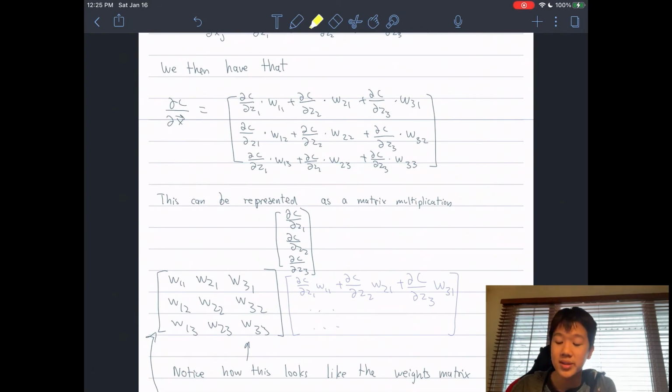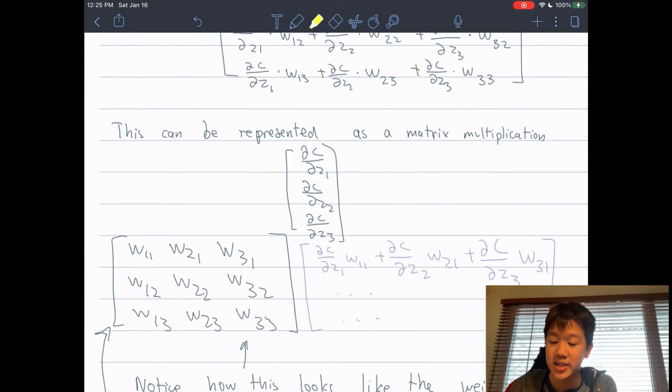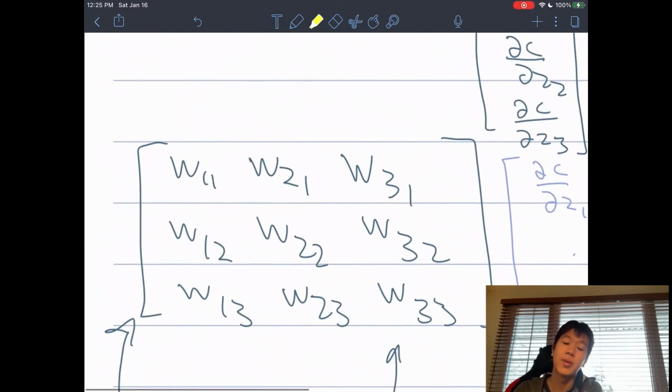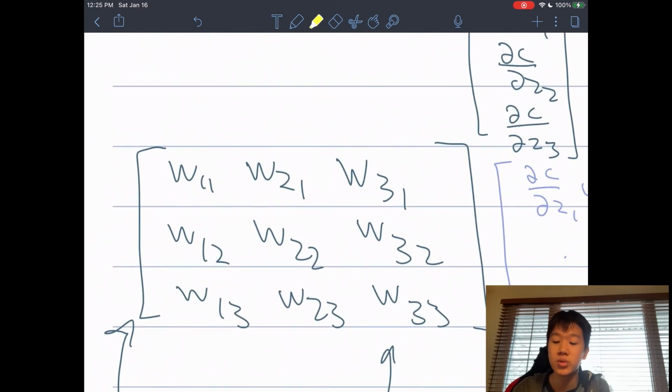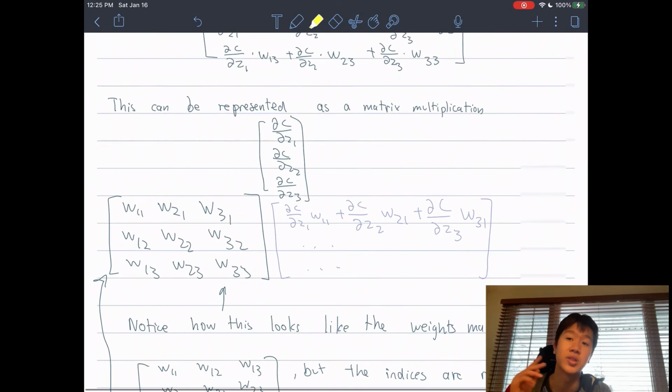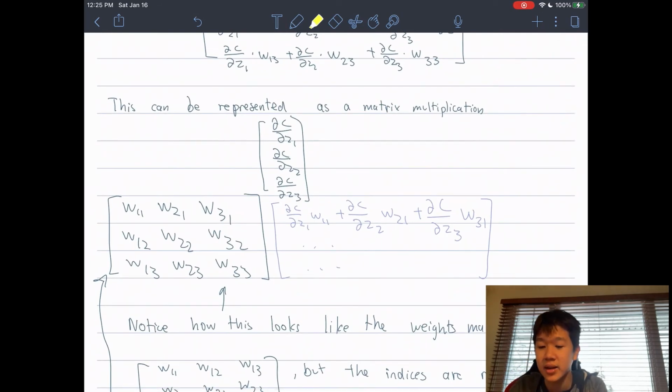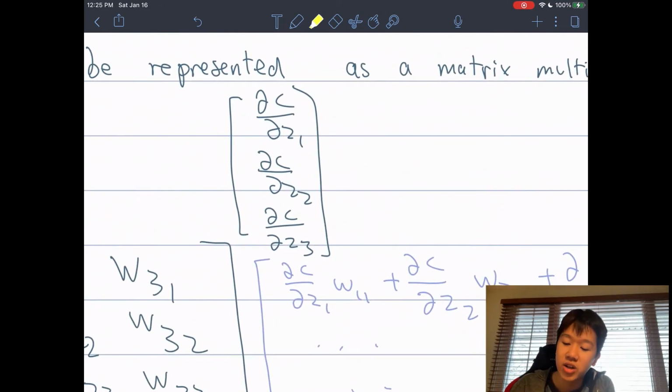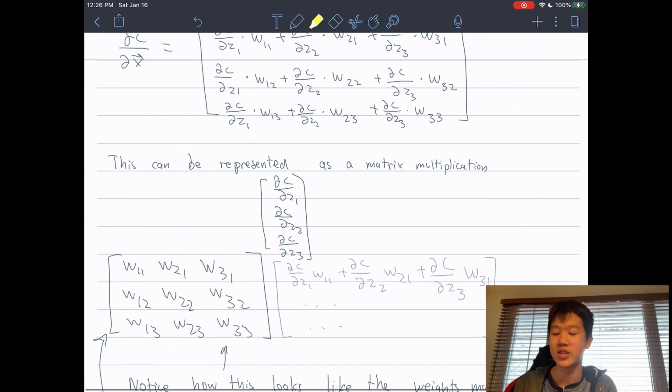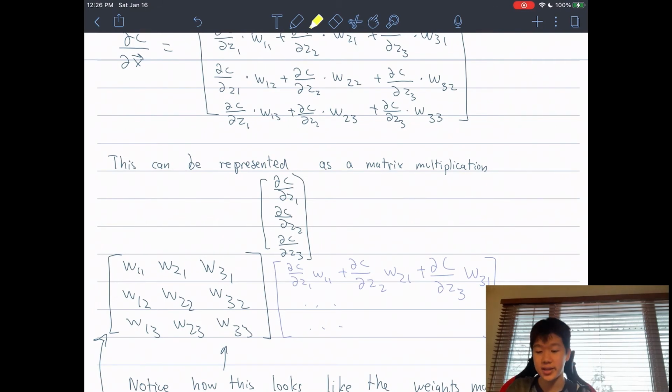And this can be represented as a matrix multiplication. So let's say I had my weights like this: w11, w21, w31, so the transpose of the weights technically. And then I would have another vector on top, which is del c over del z1, del c over del z2, del c over del z3, which is just del c over del z, the vector. We can see that this is going to give us what we actually want.